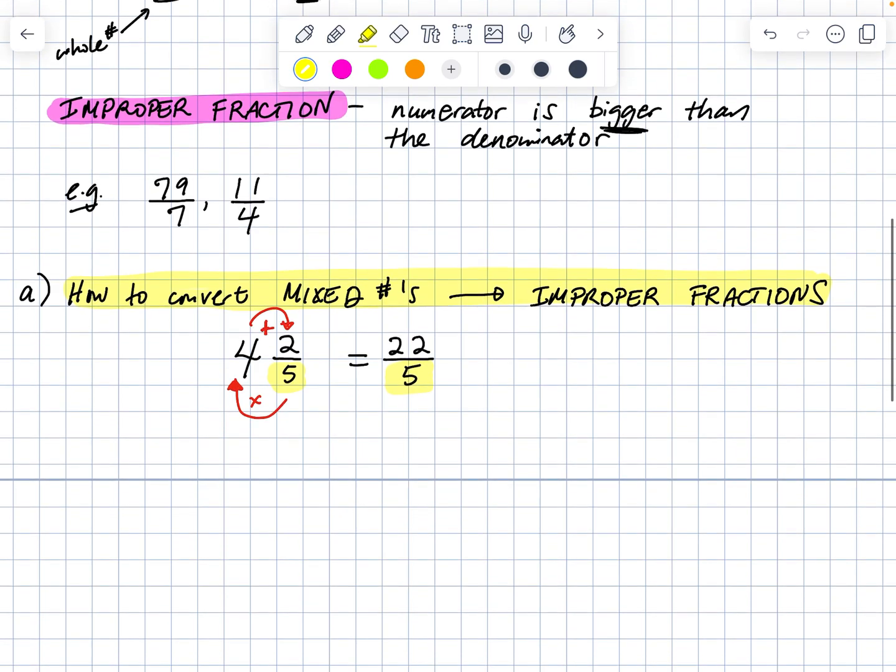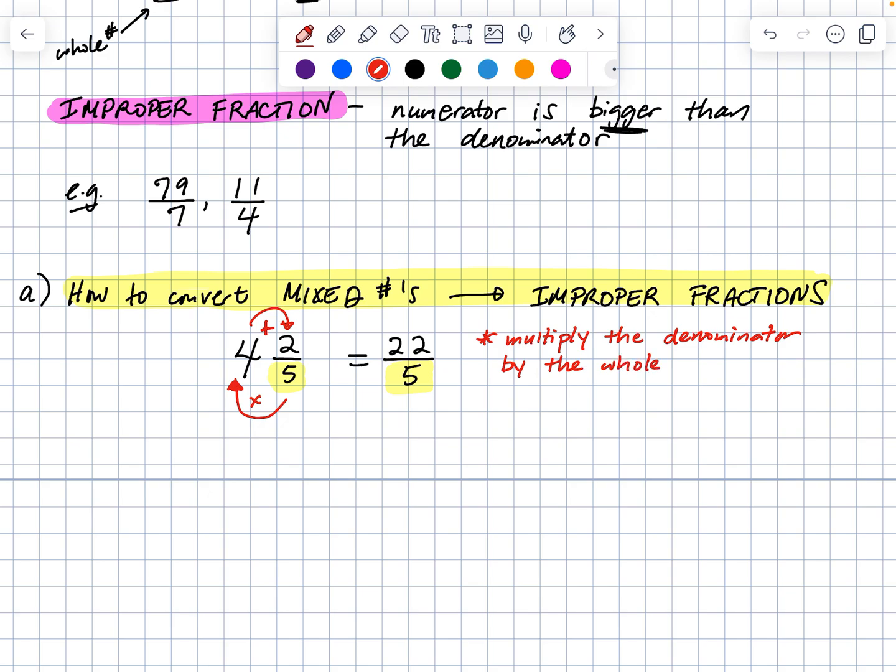Okay, so let's write down what we just did. To convert mixed numbers to improper fractions, what you need to do is multiply the denominator by the whole number, then add the numerator. And remember, your denominator stays the same in both cases.